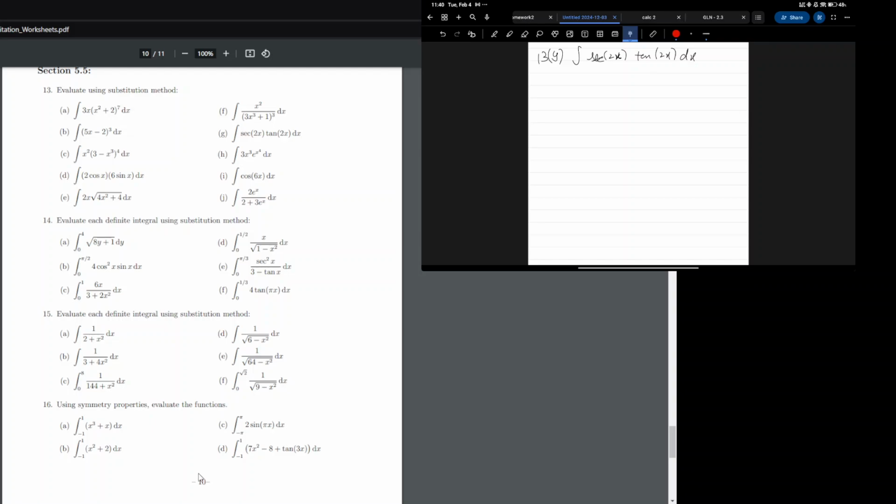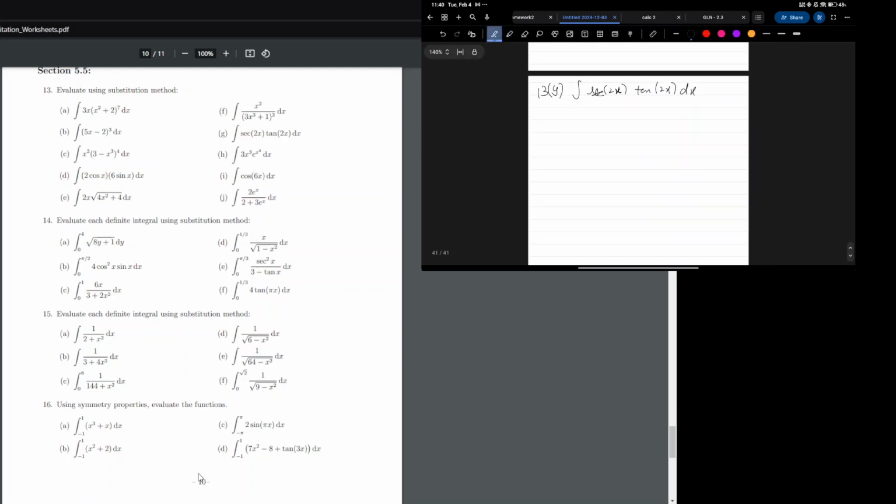So let's take t as 2x. If we differentiate that, we get dt equals 2dx. Now the first step was done, replacing it with the angles over here. And the dx is what we have to deal with now. Let's divide by 2 on both sides.